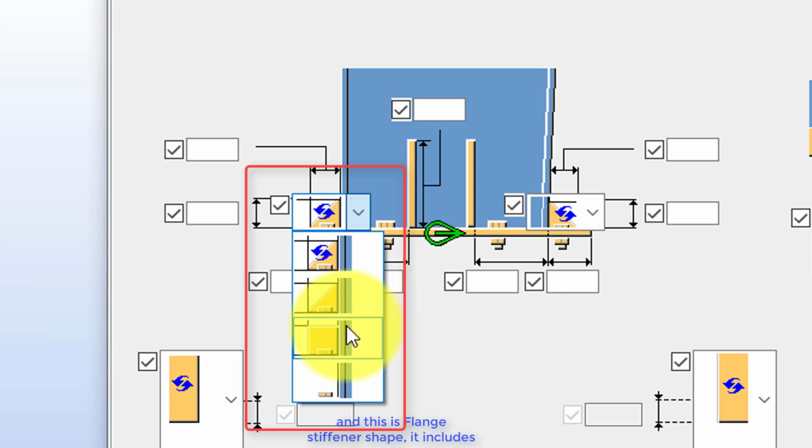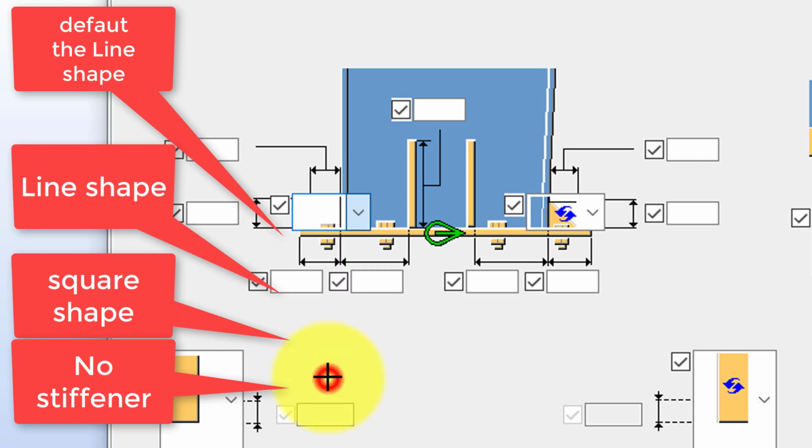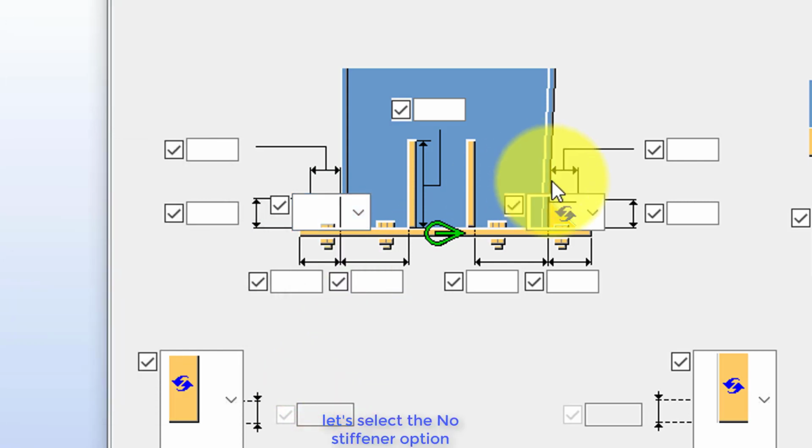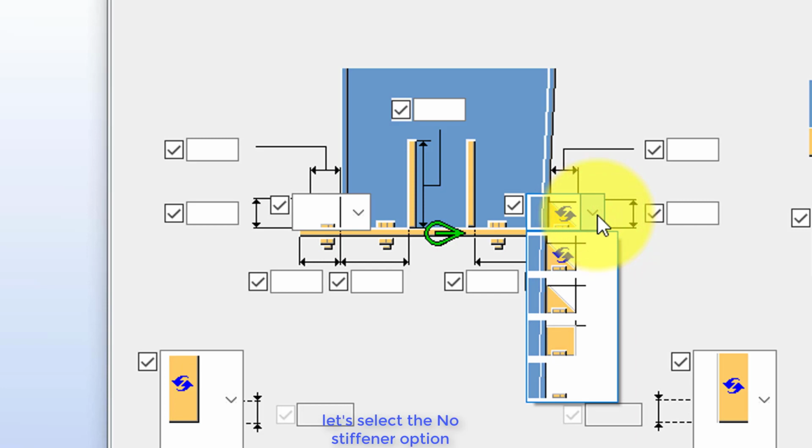And this is Flange Stiffener Shape. It includes default the line shape, square shape and no stiffener. Let's select the no stiffener option. Then select no stiffener option on the right, also.